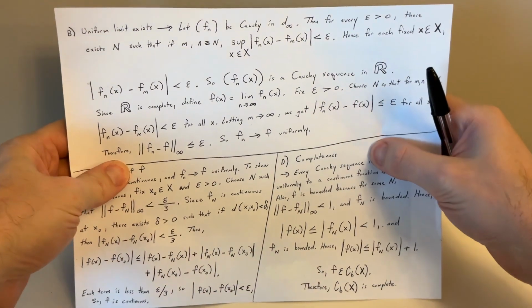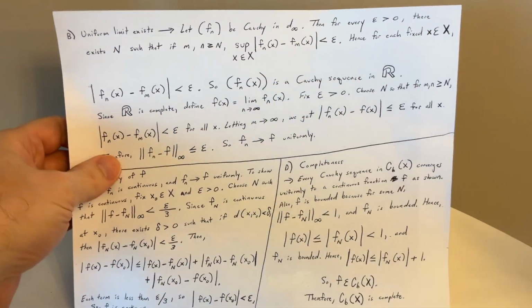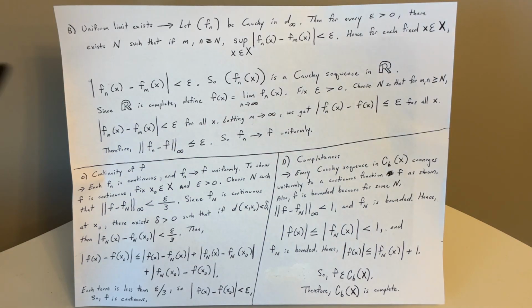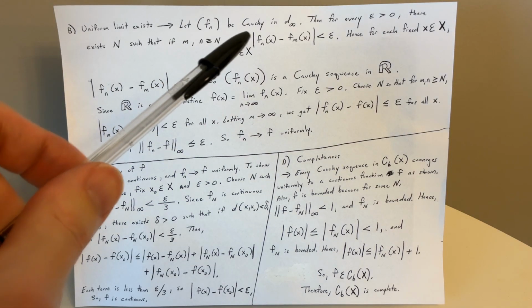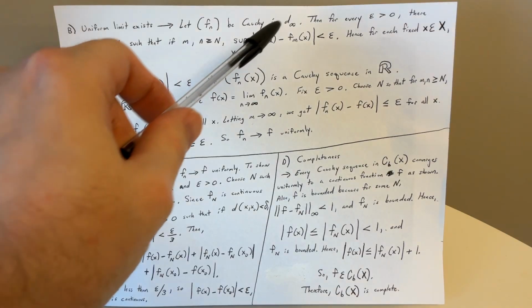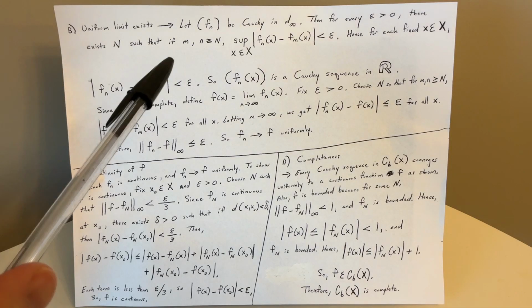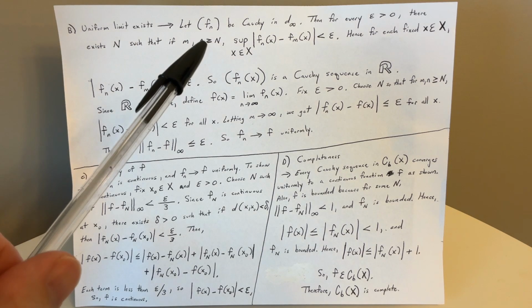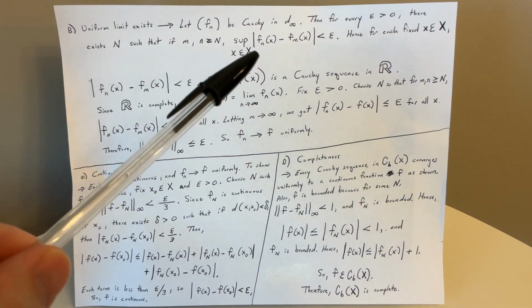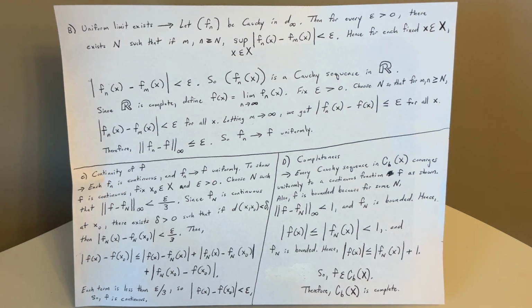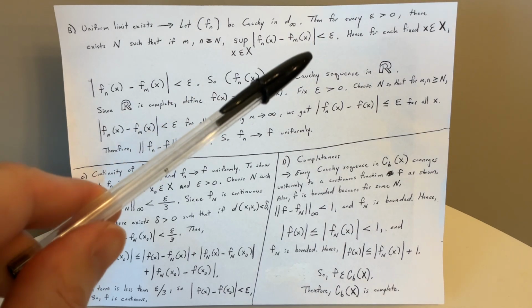So, old-fashioned setup here. Okay, so the uniform limit exists. Let f_n be Cauchy in d_∞. Then for every epsilon greater than 0, there exists N such that if m, n are greater than or equal to N, then the supremum over x, an element of X, of the absolute value of f_n(x) minus f_m(x) is less than epsilon.